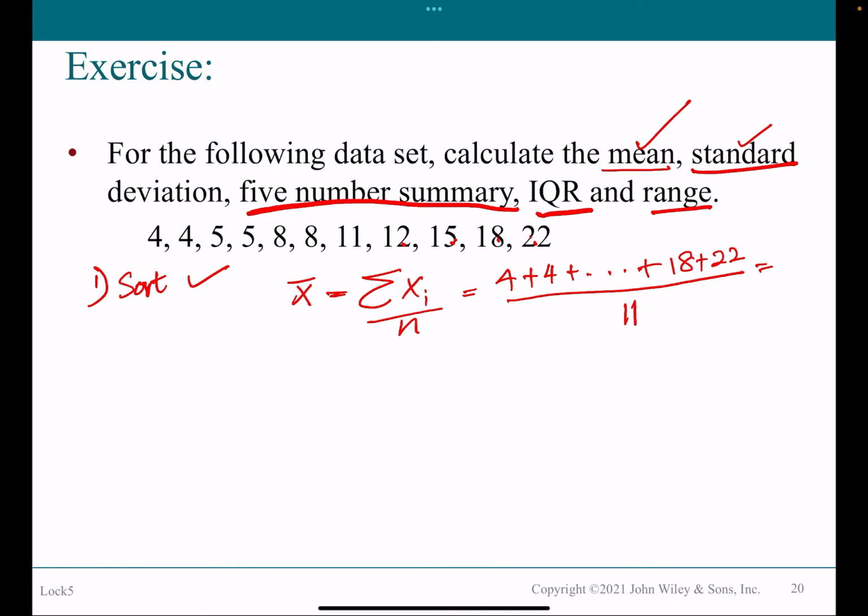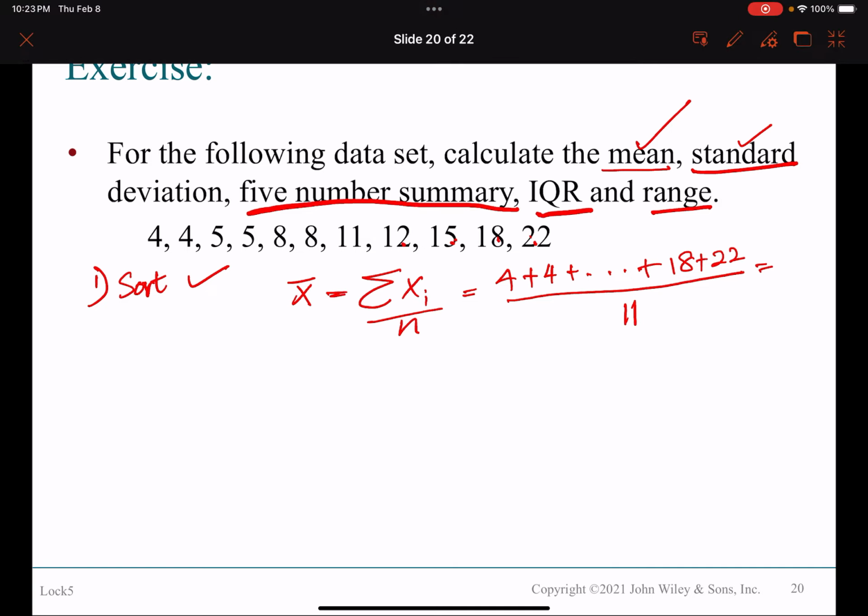Next, let's keep the five number summary aside for a moment and find the minimum and maximum. Let me use another color. This is the minimum and this is the maximum in this data set.